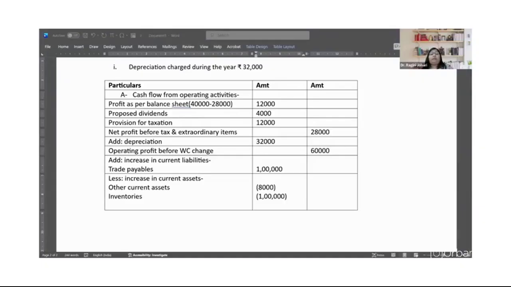Then these trade receivables. See, trade receivables have increased by 60,000. Okay. All right. Now let us find out the net.